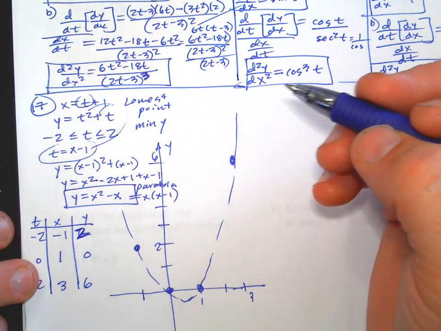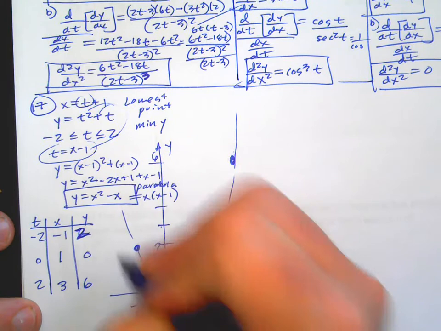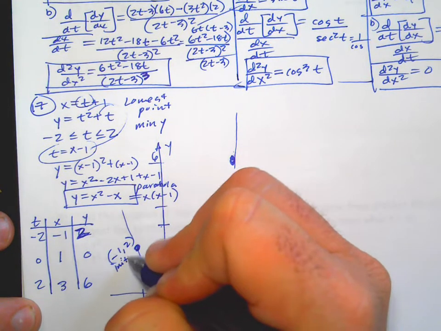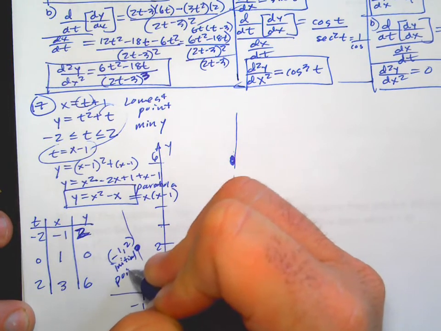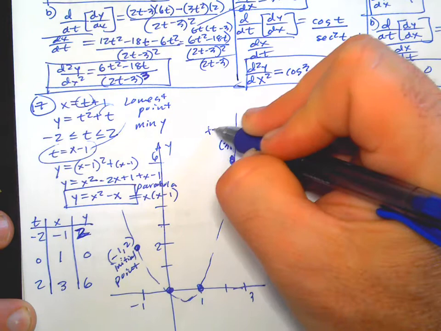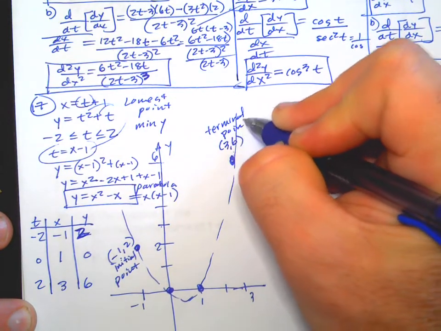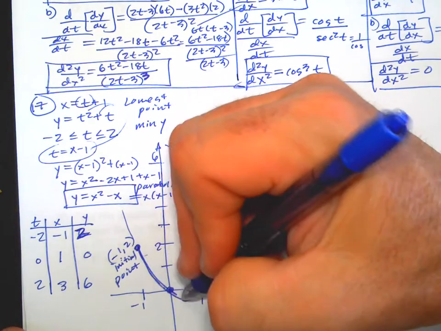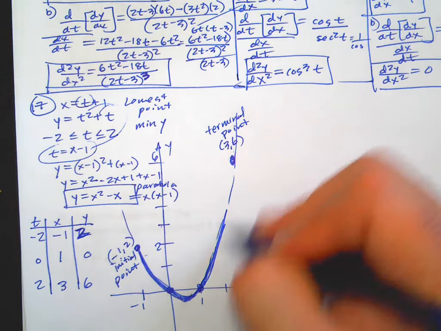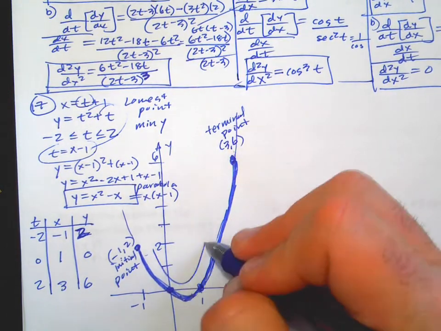And let's see, negative 2, 6 is the initial point, and 2, 2 is the terminal point. So it's going to be everything in between. And the graph is moving this direction.